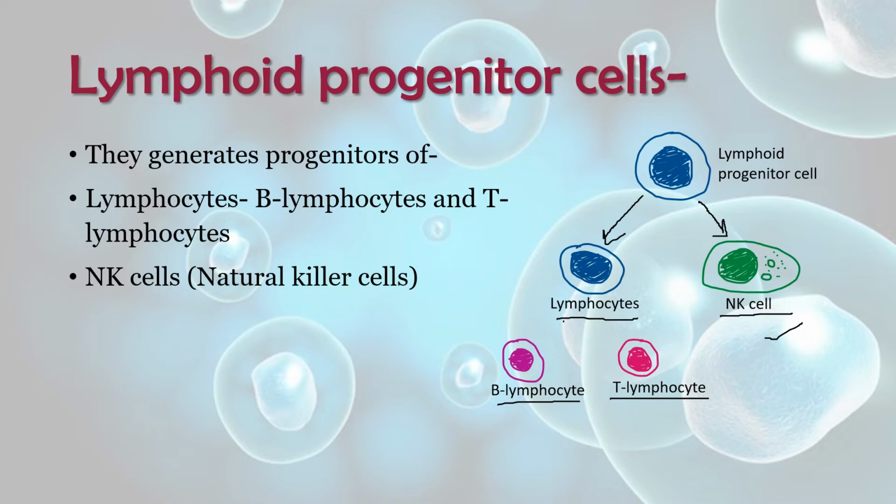The formation of B and T lymphocytes also comes under the process of leukopoiesis. So we will concentrate more on leukopoiesis as we are taking the immune system here. The cells that are responsible for generating an immune system are basically WBCs.